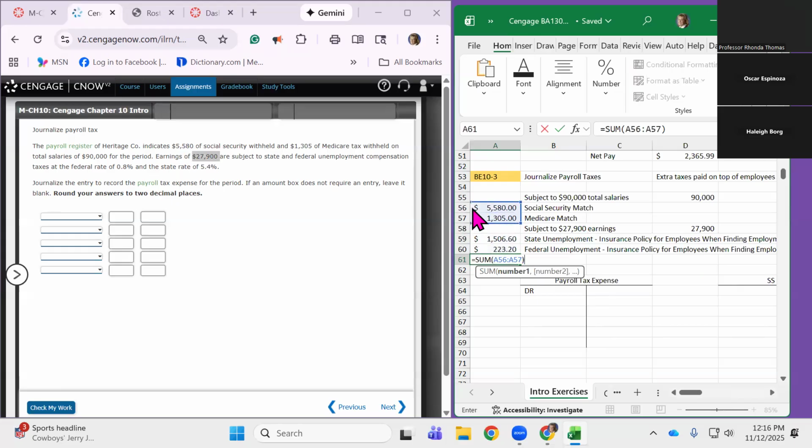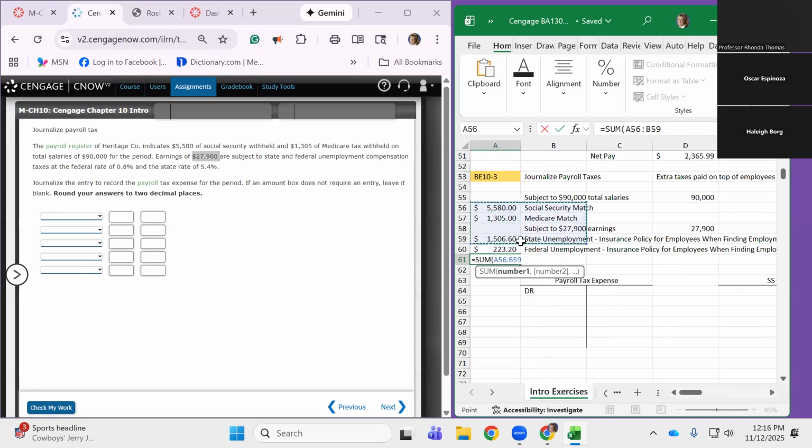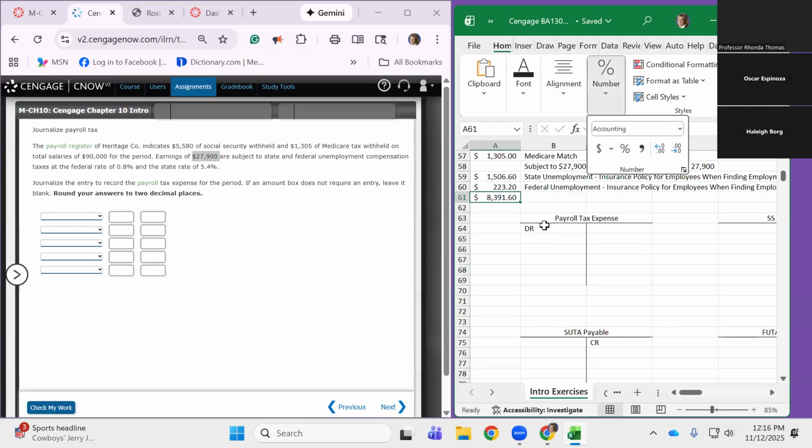Okay, so I'll drag this down. We'll just do it. Sum equals. Drag this through here. And close parentheses. So there's how much in total extra payroll expense that we have to pay in for having employees.